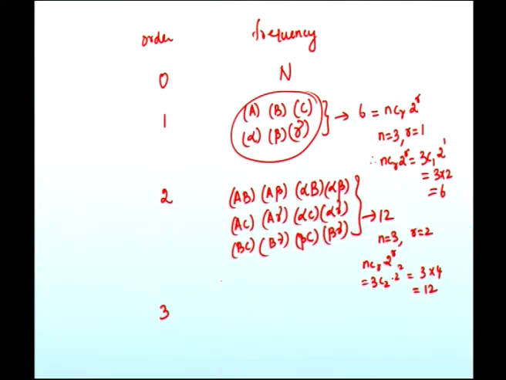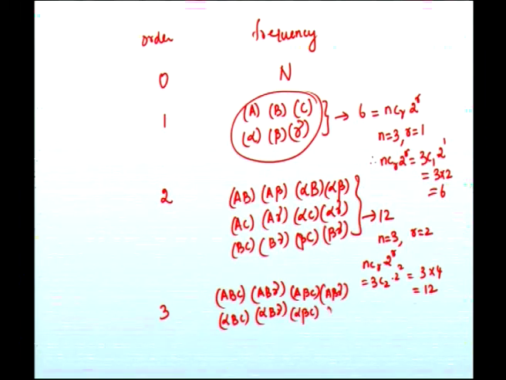How we arrive at it: ABC, AB gamma, its class frequencies, then A beta C, A beta gamma, then its corresponding contrary frequencies alpha BC, alpha B gamma, then alpha beta C, alpha beta gamma.